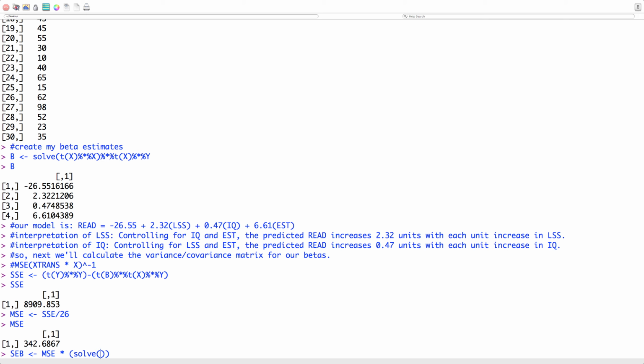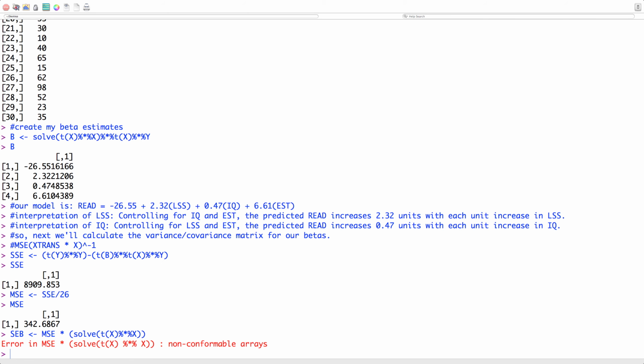so I need solve transpose x, shoot, yeah, is that right? Yes. Okay, that's fun.